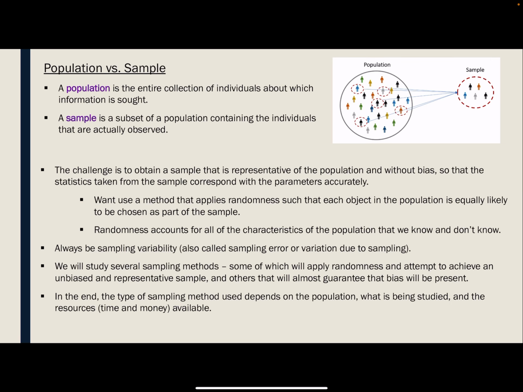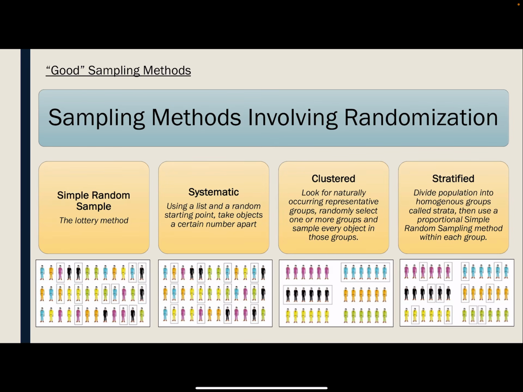We're going to talk a lot about this at the end of Unit 2 and Unit 3. But I just want to put it out there right in the beginning when we talk about samples. So we're going to talk about several sampling methods, some of which apply randomness and others that will have some inherent bias.